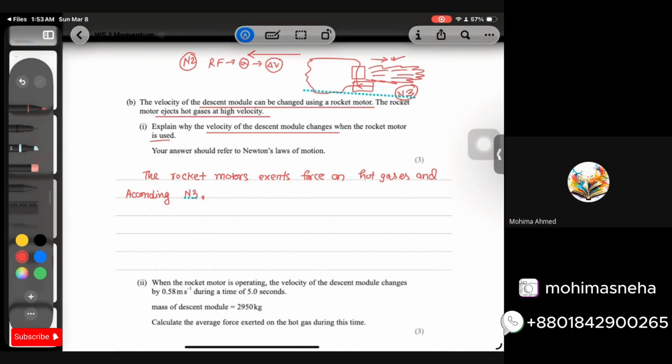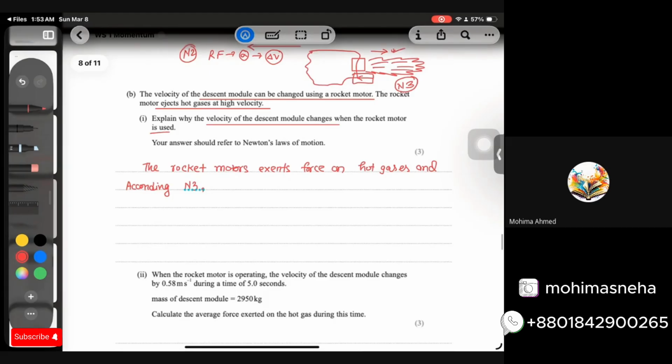According to Newton's third law, hot gases exert equal and opposite force on the rocket module, which acts as a resultant force.